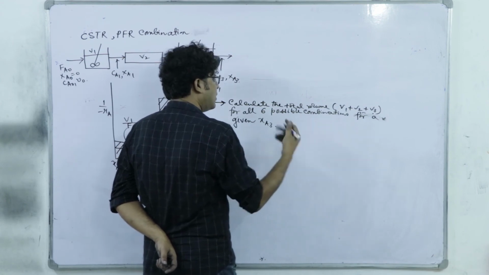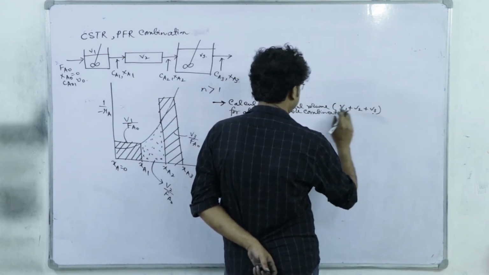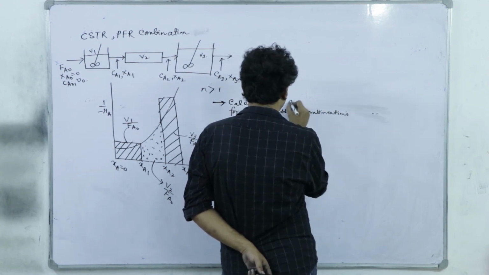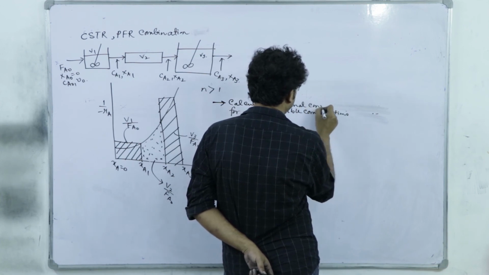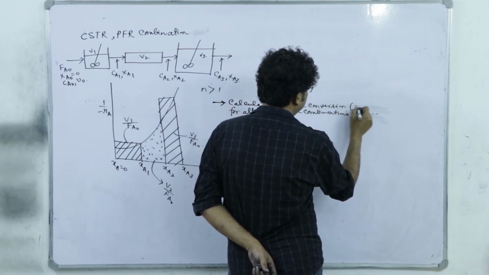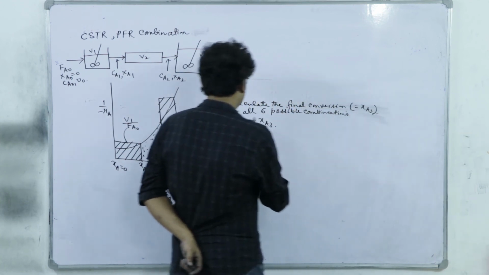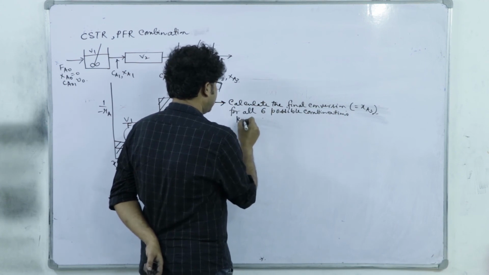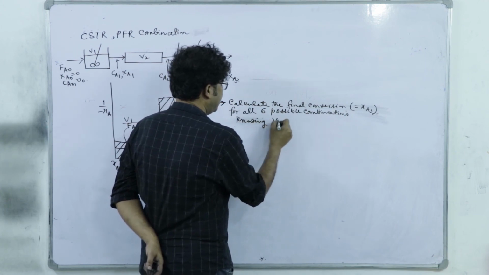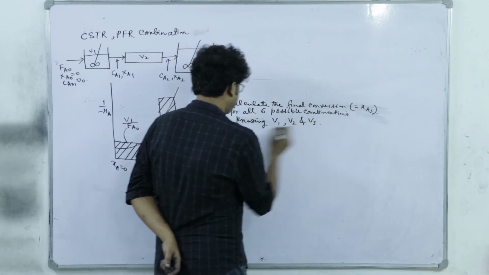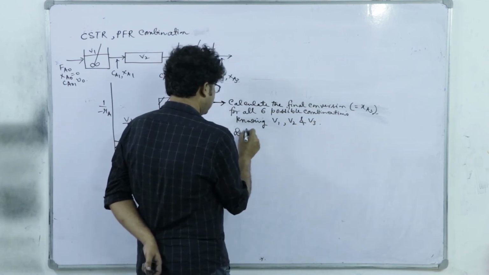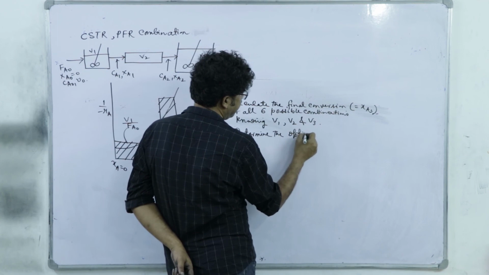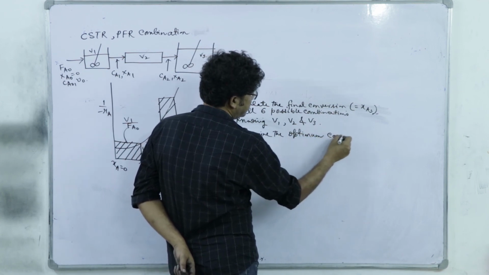Or, not the total volume, calculate the final conversion for all 6 possible combinations, knowing V1, V2 and V3. Next, you determine the optimum combination.